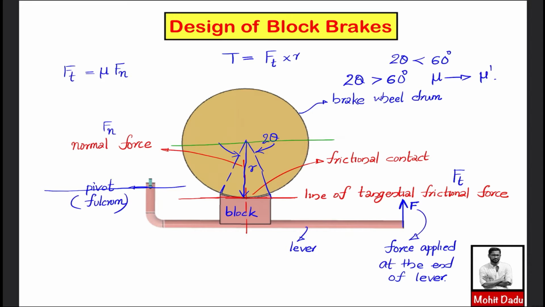The distance measured from this point up to this point we will call B, the distance up to the applied force F we will call A, and this distance we will call C. This is based on the relative positions of the different elements. So A, B, C are the distances, and we will make use of all of these for analyzing block brakes.